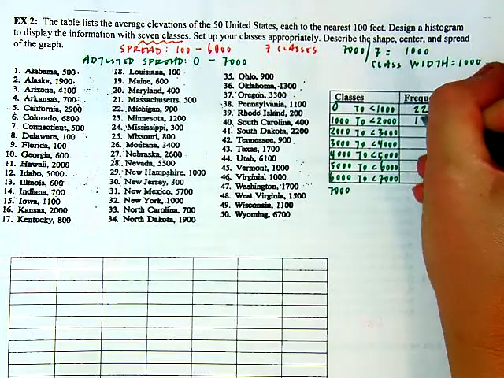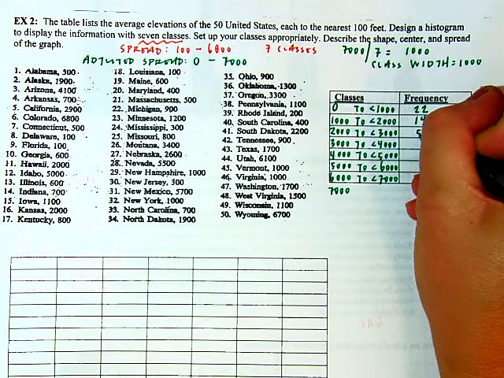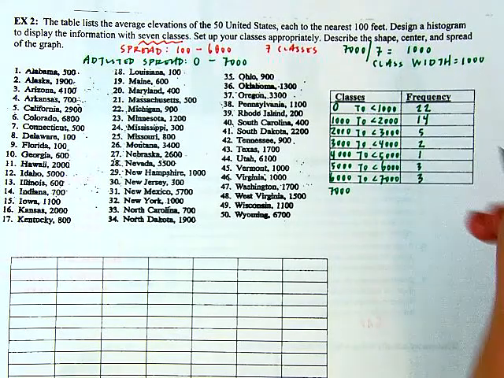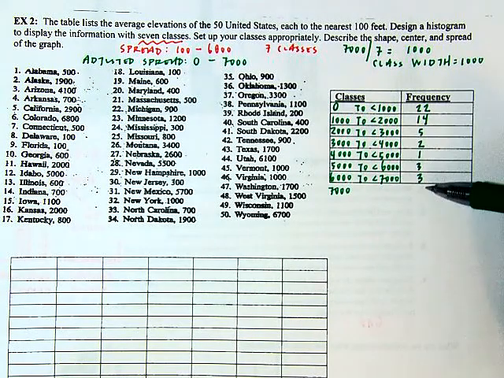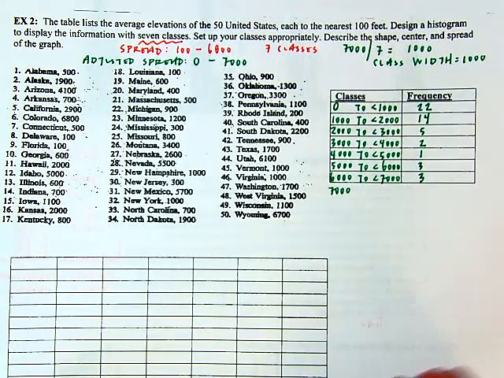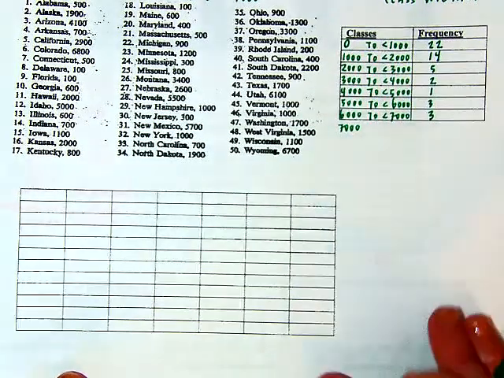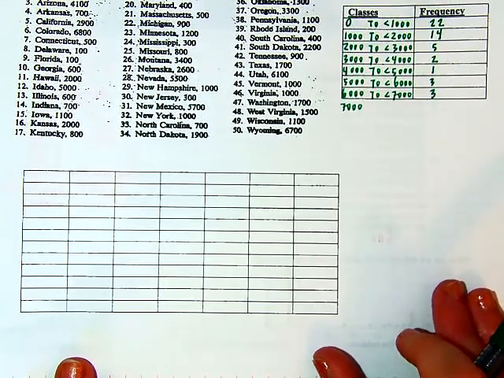Then 14 would be next, then 5, 2, 1, 3, and 3. If I added these up, this would be all 50 states. So now we have our little chart to base it on, and we need to organize that as a histogram.